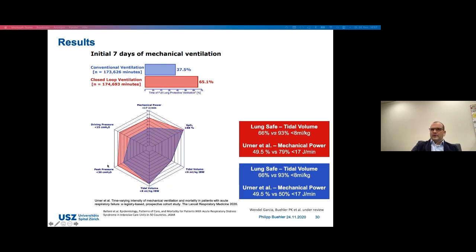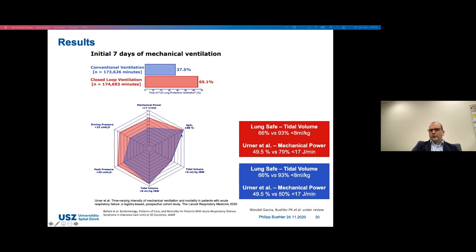You see this spider diagram with 100% of time at the edge and 0% of time in the middle. And you see the values for lung protective ventilation: the mechanical power, the driving pressure, the peak pressure, the tidal volume below 8 milliliters, the tidal volume below 6 milliliters, and the SpO2 above 88%.